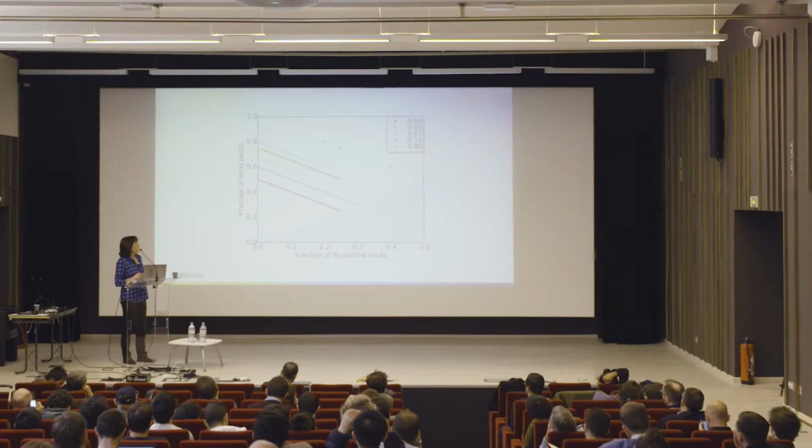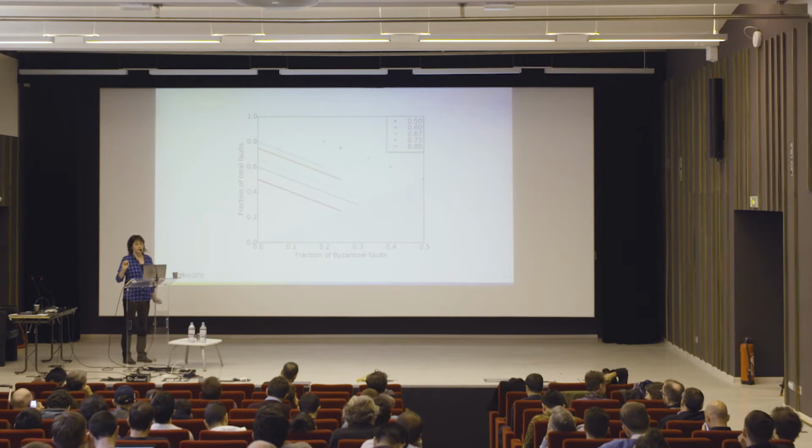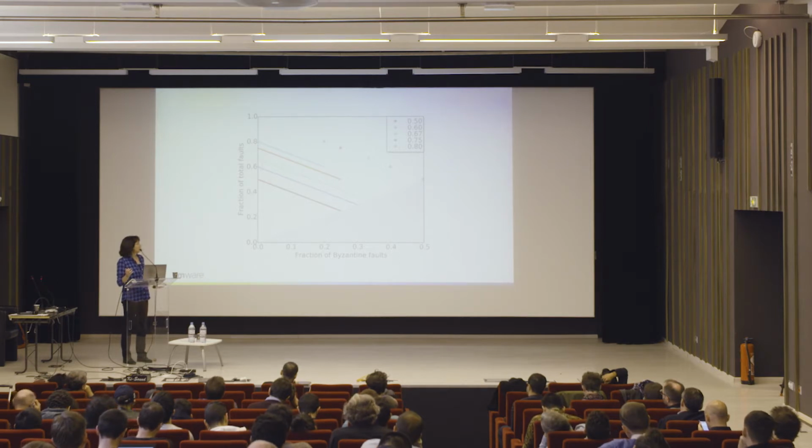So these red circles are points for synchronous beliefs. And remember, in synchronous beliefs, the line was flat. It doesn't matter how many actual Byzantine faults occur, the corruption resilience remains the same.